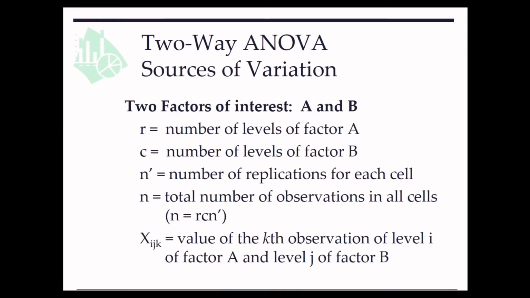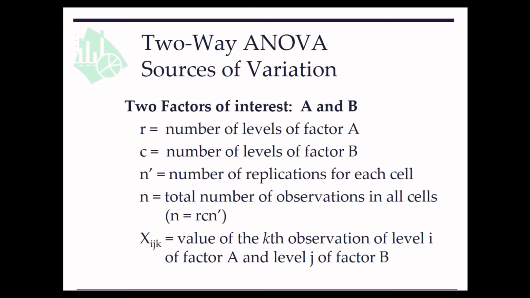Consider two factors of interest, namely A and B. Let R be the number of levels of factor A and C the number of levels of factor B. Then n prime is the number of replications for each cell.